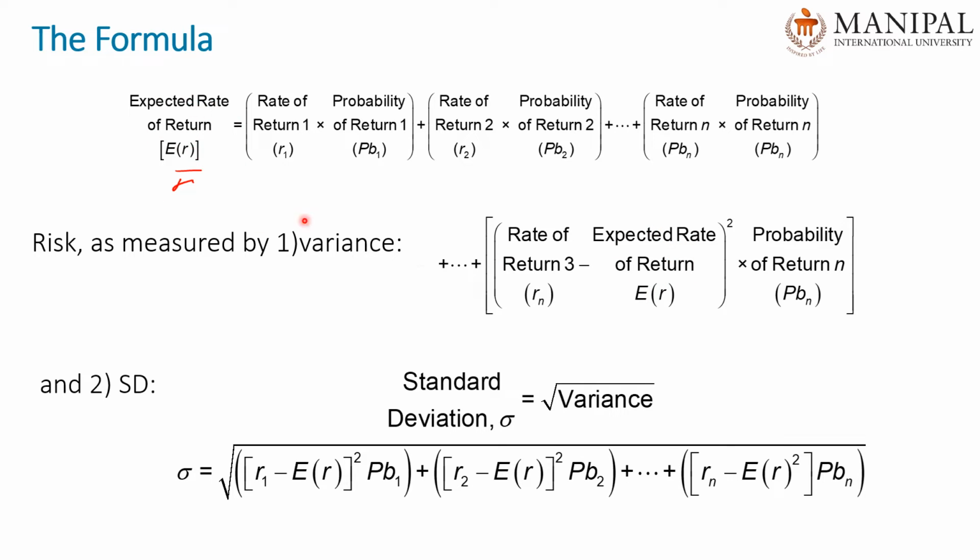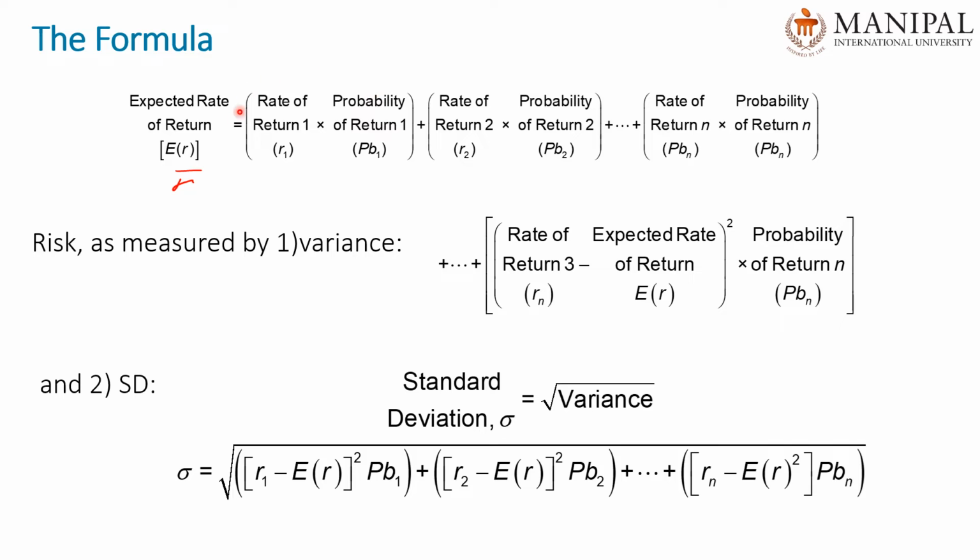This we have to minus with this to get variance. Sometimes the figure is going to be negative. So the next step, after we subtract, is to raise it to the power of 2. This power of 2 neutralizes any negative figures. And then multiply by the probability.